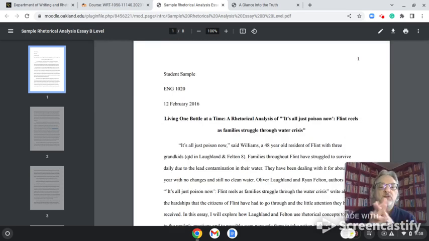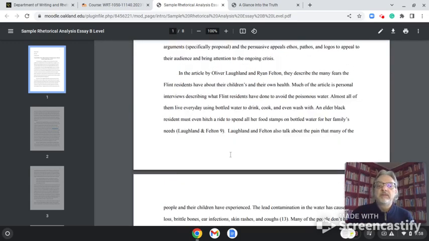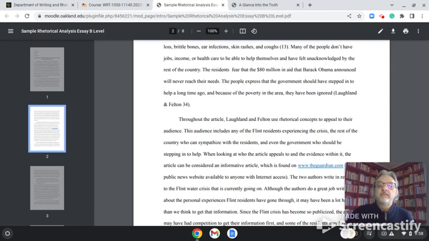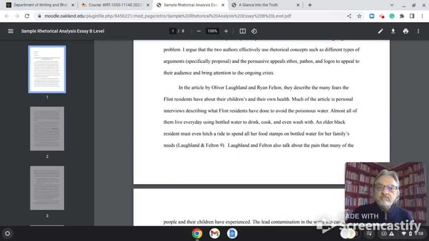Make sure you start with a good introduction. Give us an idea of the article, what the author seems to be doing, set it up, and then go through, right? You go through your summary, what type of argument it is.